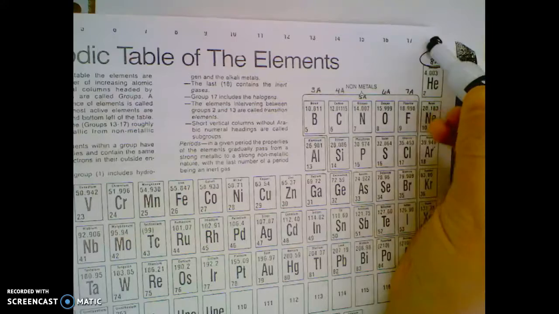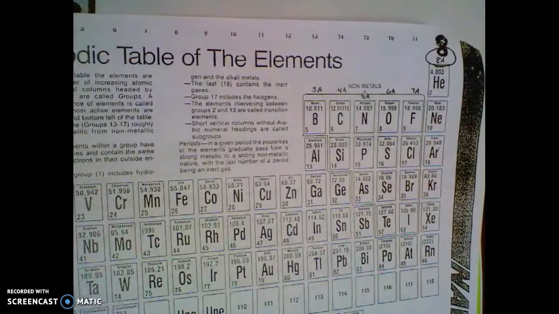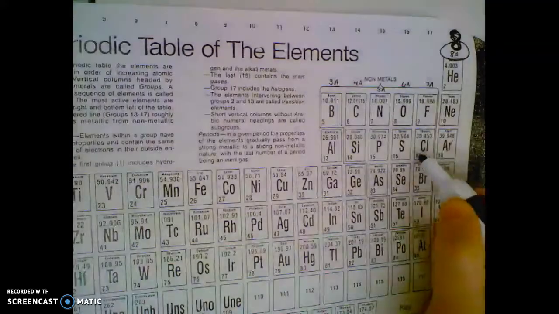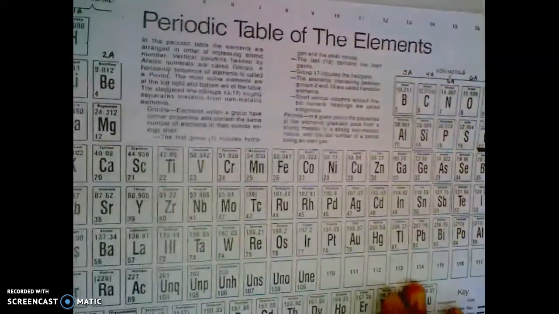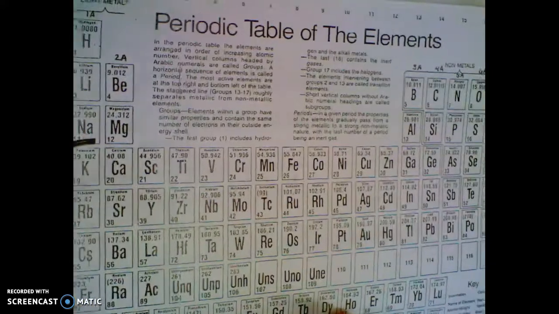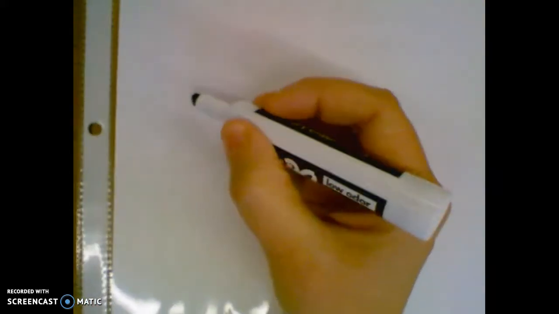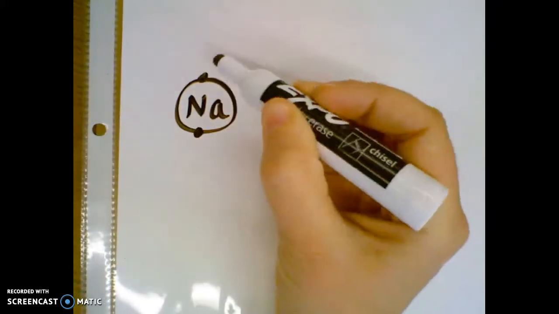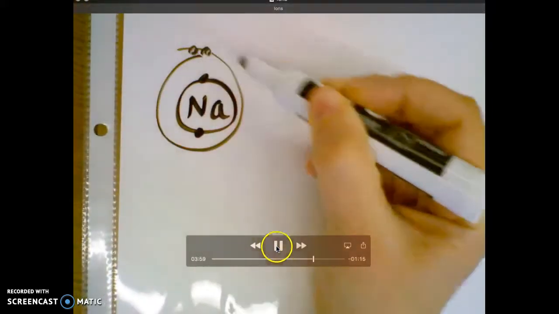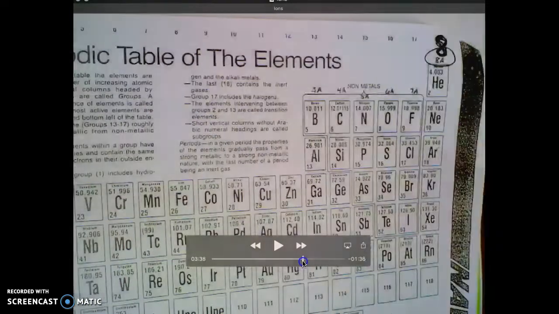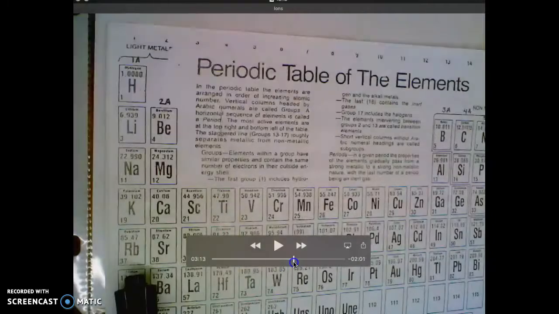This is telling us how many valence electrons they have. So if we look at chlorine, chlorine has 7. Sodium has 1 in its outer shell. And I'm going to go back a second because I think I said something incorrectly.